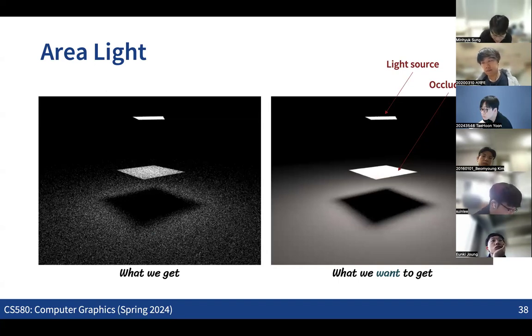This is a very simple example with a light source here and an occluder in the middle of the space. If we uniformly sample the solid angle over the hemisphere, then we get this.